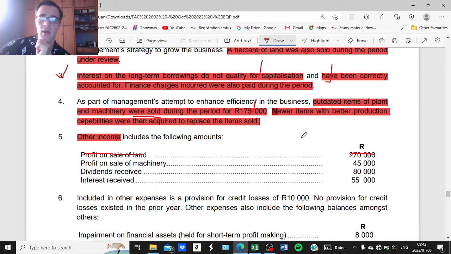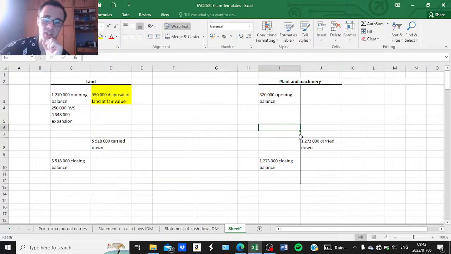However, we need to consider the carrying amount of that plant and machinery in the general ledger account for plant and machinery. So in your general ledger account for plant and machinery, you need to show, as with land, the disposal of plant and machinery at carrying amount or fair value.